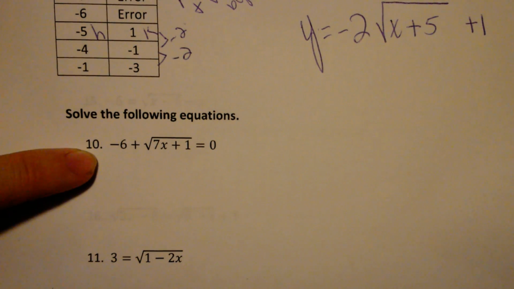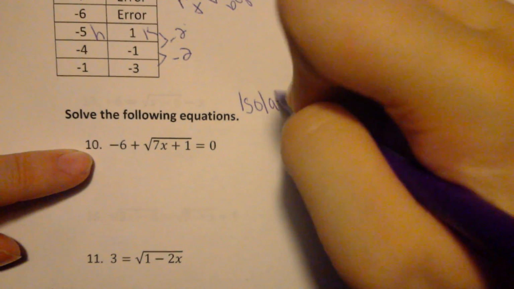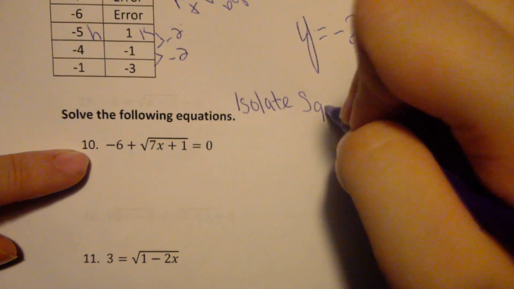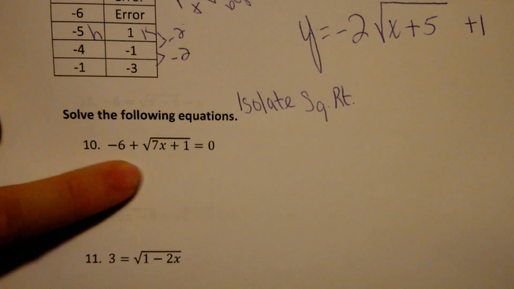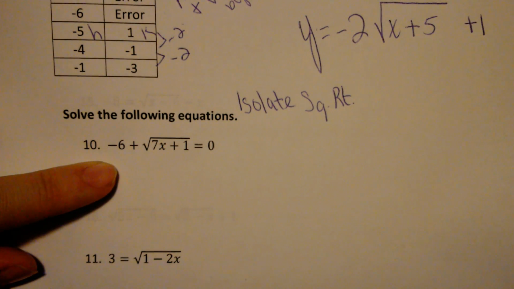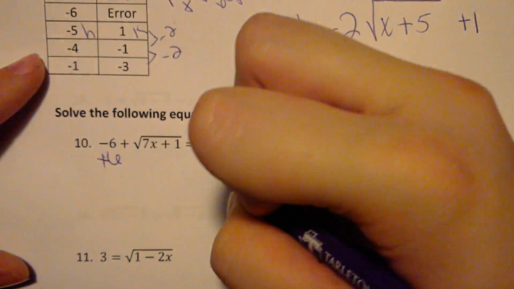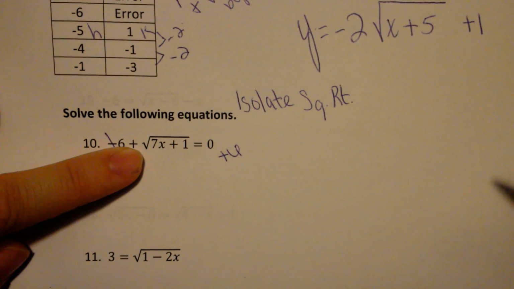So number 10, I need to isolate my square root. So here I'm adding -6 to it, which is the same thing as subtracting 6. So I'm going to add 6 to both sides to isolate my square root.